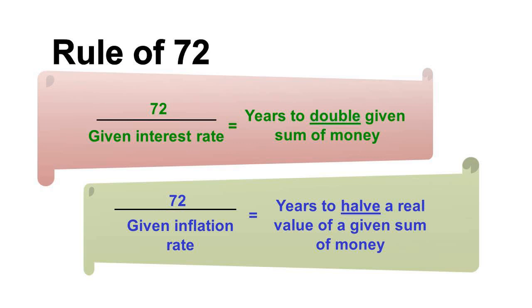But the easiest way, when you double up 150 to 300, you multiply by 2, you just use 72 divided by how many percent? Let's say 5%, right? 72 divided by 5 equals the number of years to make the 150,000 into 300,000. So 72 divided by 5, how many years? 14.4.